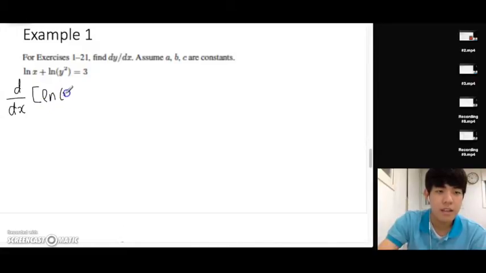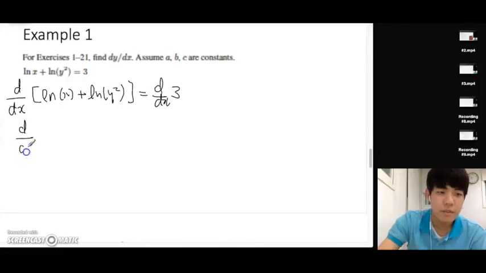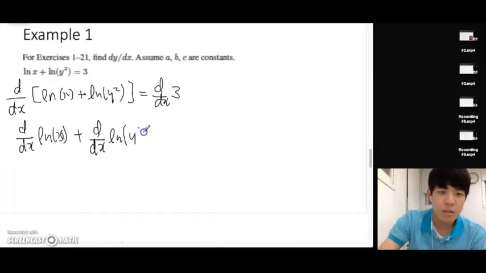So d/dx of ln x plus ln y squared equals d/dx of 3. Now we divide this into 2 parts: d/dx ln x plus d/dx ln y squared equals 0.